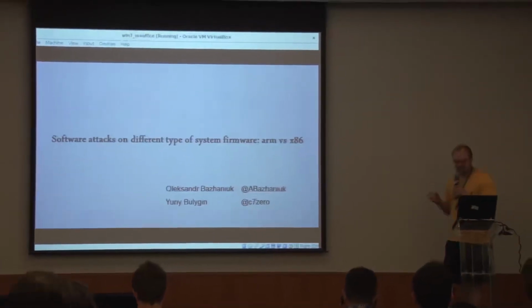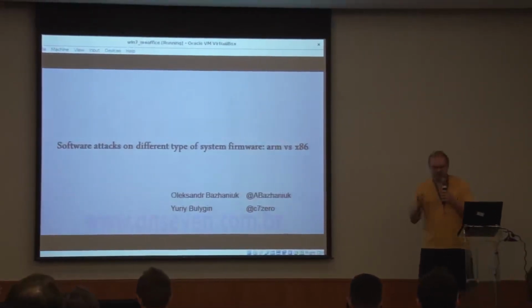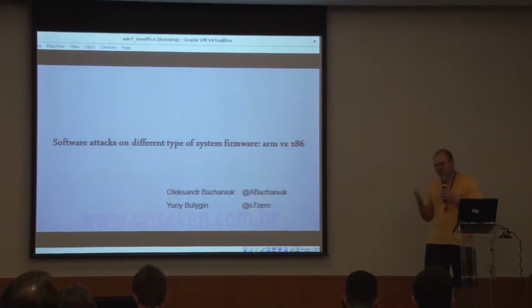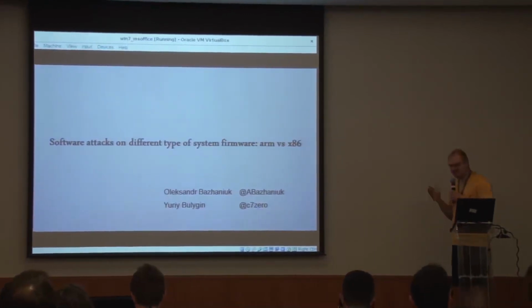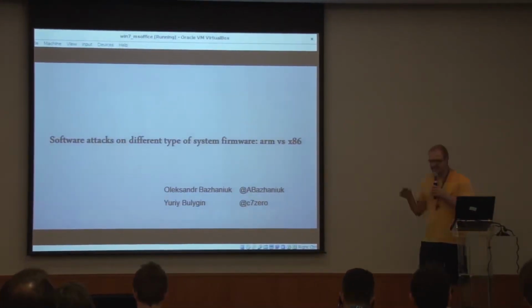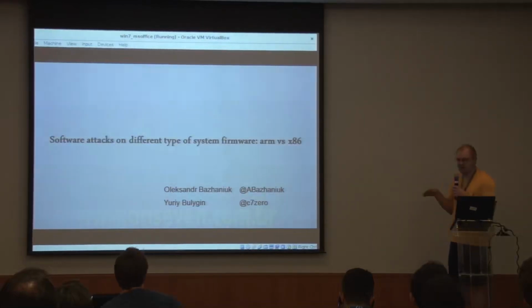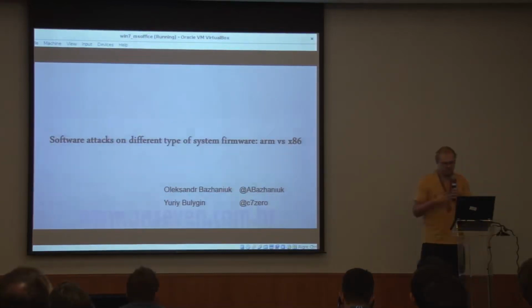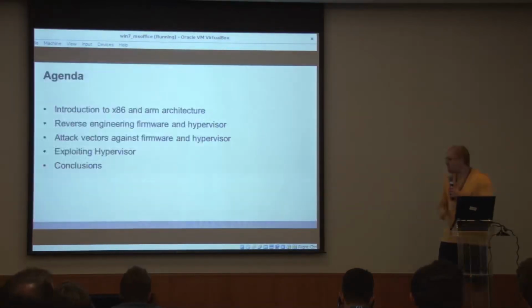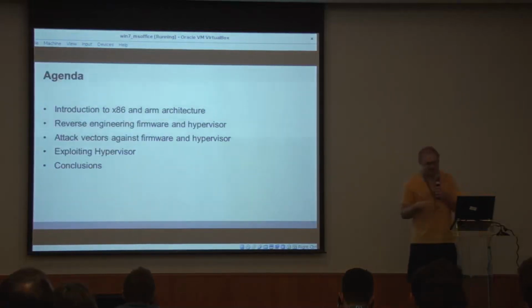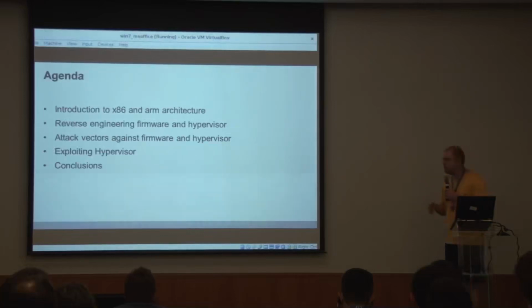During the presentation, I will switch from x86 to ARM multiple times. It will be confusing, but the idea is it will be blocks of x86, then blocks for ARM, and then back and forth multiple times, depending on the area which I will explain. I will start with a really brief introduction without details, just to make sure that we are on the same page of the terminology.